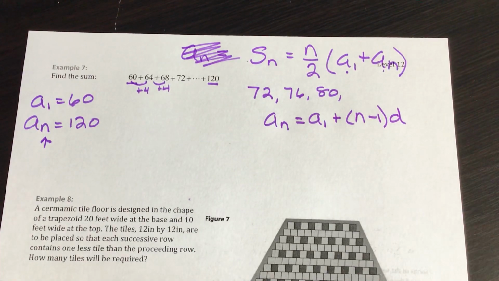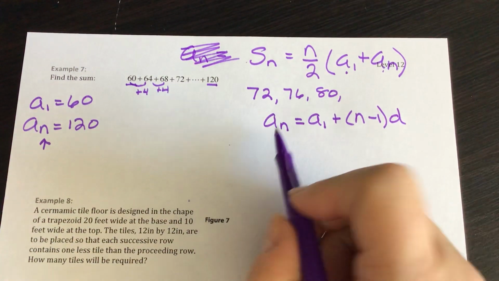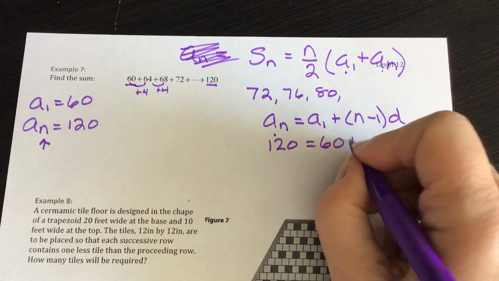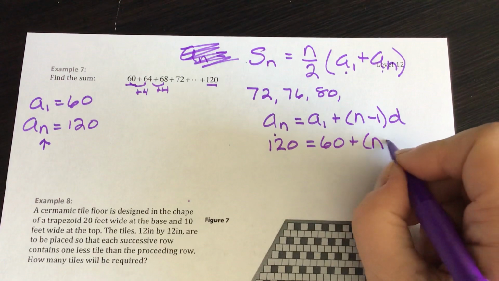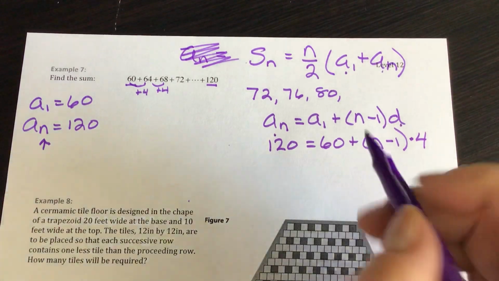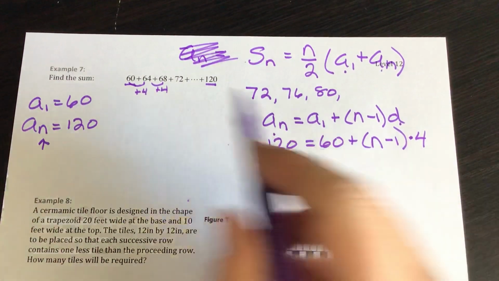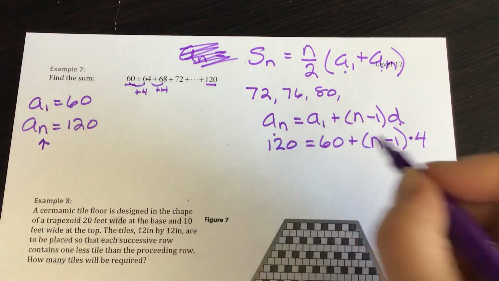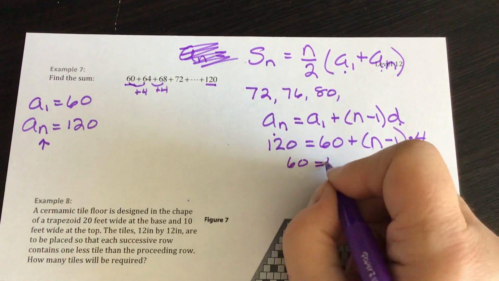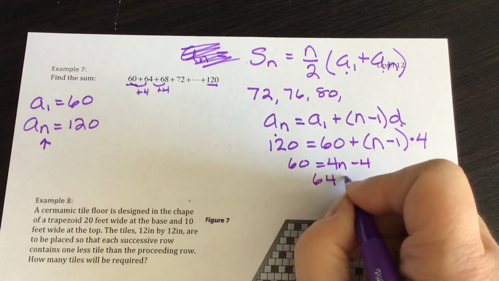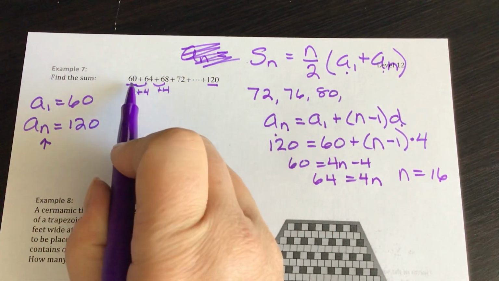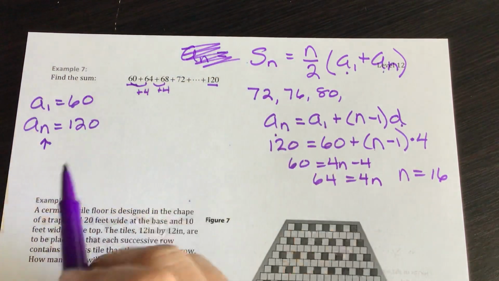I can use that formula because I know the last term is 120, and the first term is 60. I don't know what n is, but I do know that my rule is add 4. If I solve this equation for n, that's going to tell me how many terms are here. So this is 60, and then this is 4n minus 4. So 64 is 4n, and n is 16. So technically, I would have 16 numbers in this sequence.